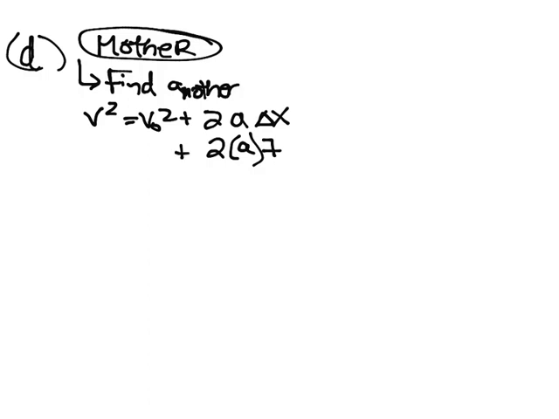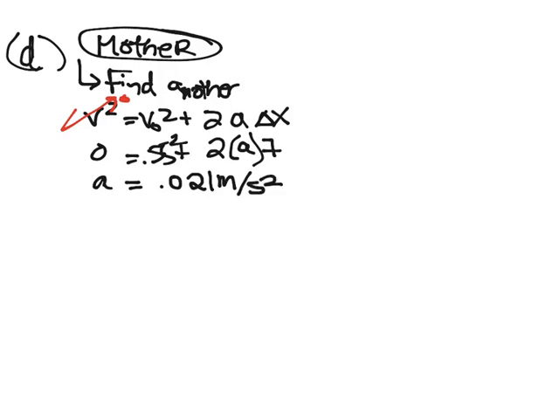We know that the final velocity of the mother is 0 because she's coming to rest, and the initial velocity is her 0.55 squared. So when I solve for acceleration, I end up with 0.021 meters per second squared. This is a pretty low acceleration, but that's okay.